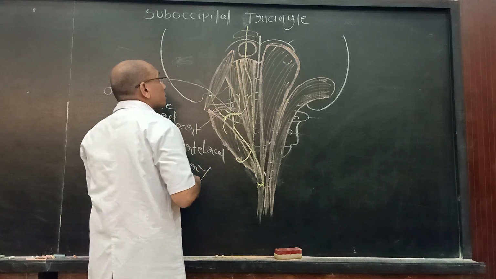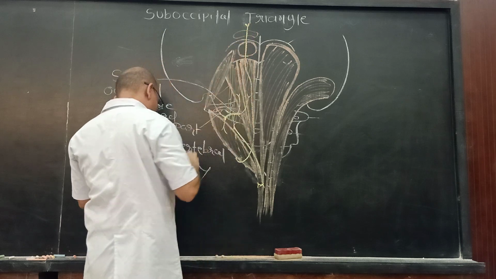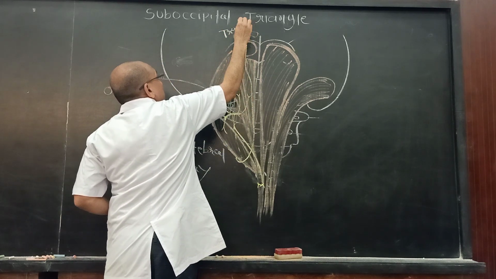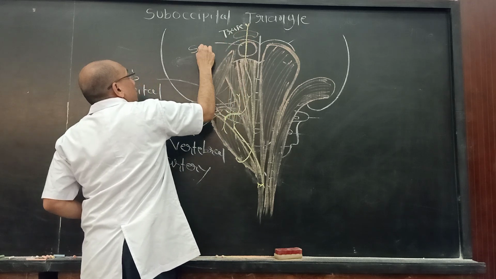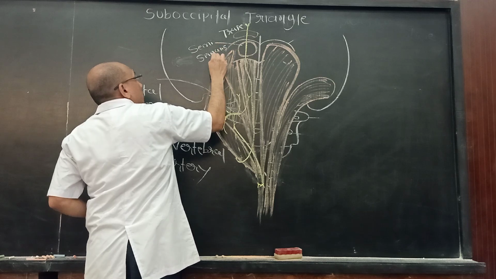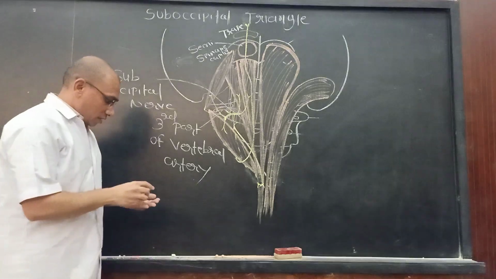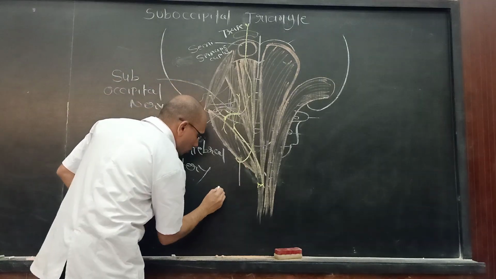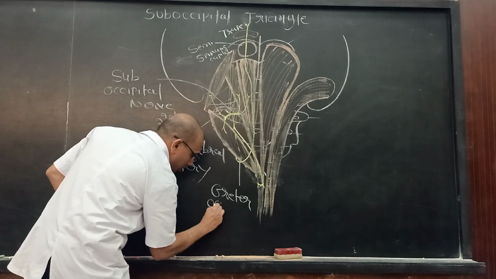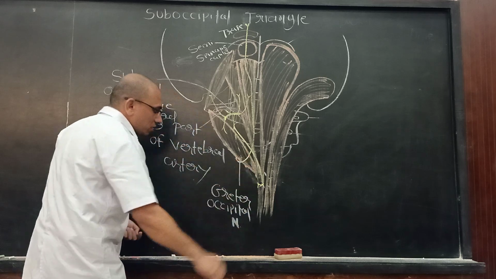So it pierces the trapezius muscle also. This one is the trapezius, and this one is semispinalis capitis. And this nerve is called greater occipital nerve. This one is the greater occipital nerve.